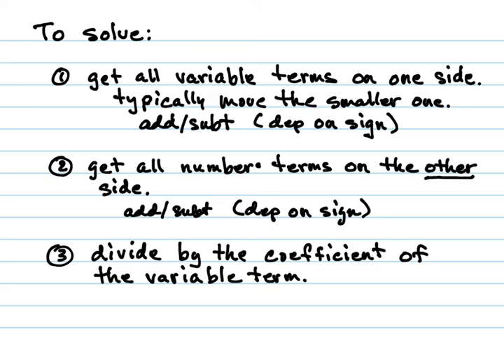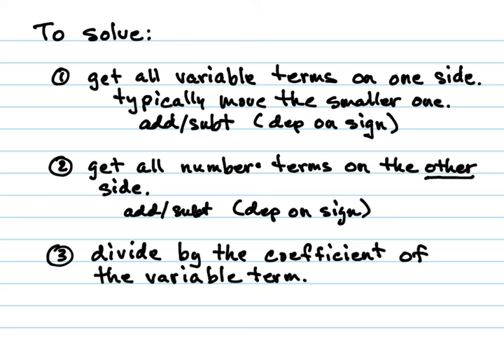So whatever that number is. Now be careful. If it's negative, then you need to divide by a negative. The sign goes with the coefficient. So if you have negative 2x, for example, you would divide both sides by negative 2. Not add 2, because you can't take apart multiplication with addition. You have to divide, but divide by whatever the coefficient is, including its sign. So be careful, watch those signs.